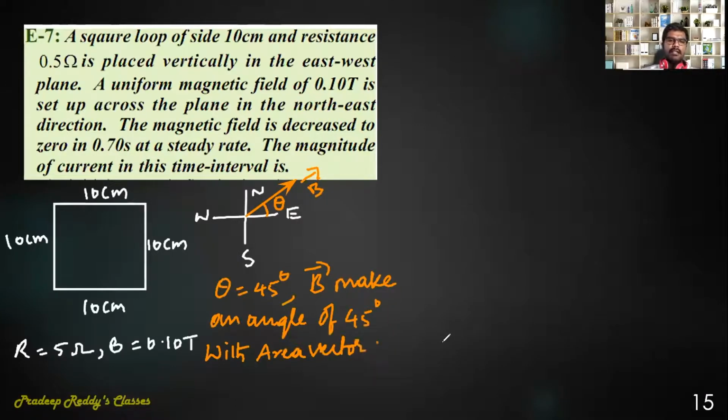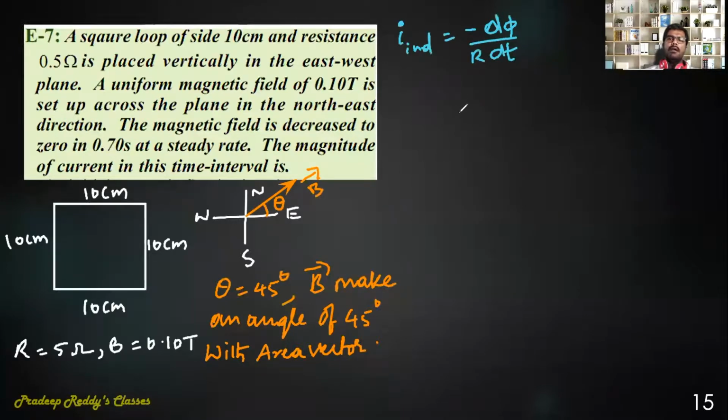The magnetic field is decreased to 0 in 0.70 second at a steady rate; the magnitude of current in the time interval is to be found. In order to calculate the magnitude of current, I can write I induced is equal to minus d phi divided by R dt.